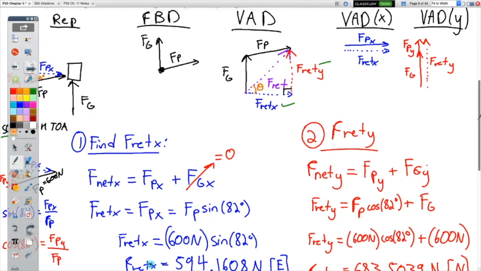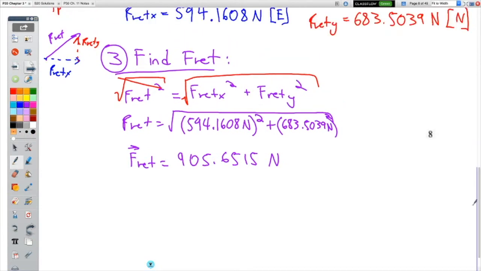So I'm going to go back to this diagram here where it's a bit more simplified. Looking at this angle here, which is how we're going to communicate which way F net is, what can I use here? Again, I've got all three sides: F net, F net Y, F net X. Just out of my nervousness, I like to use the values that were calculated with the least calculation.